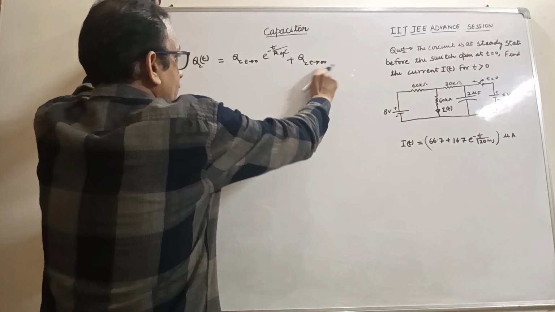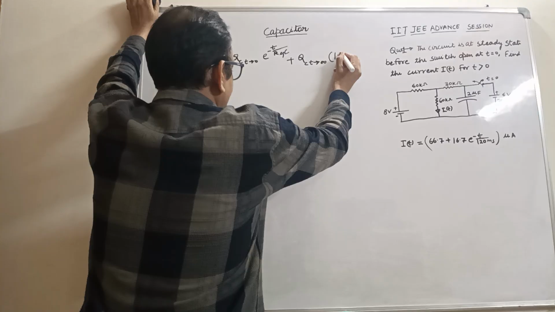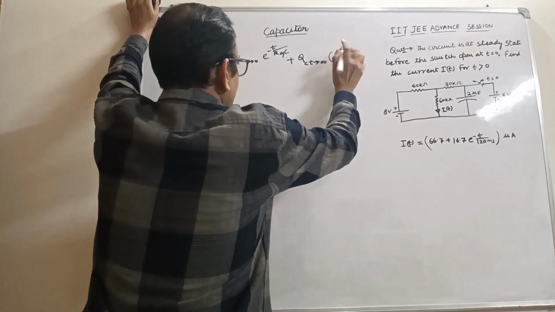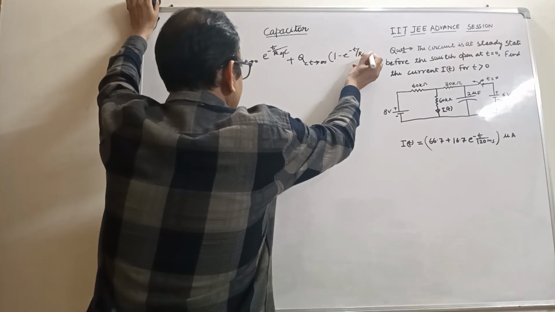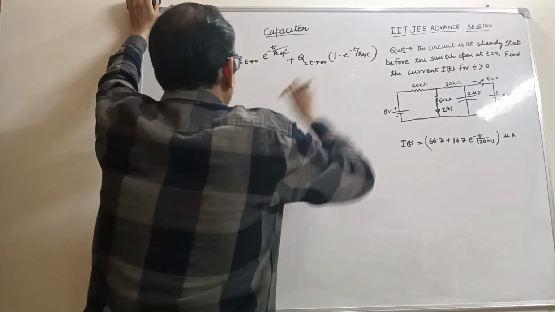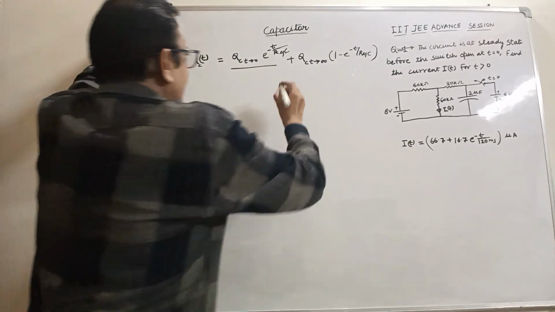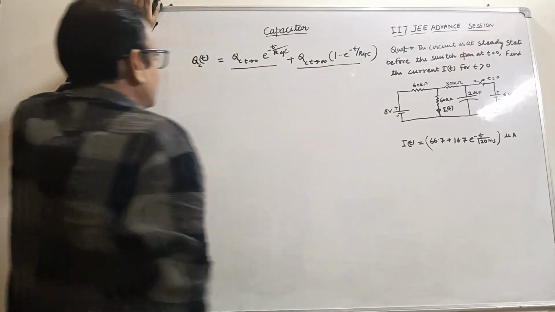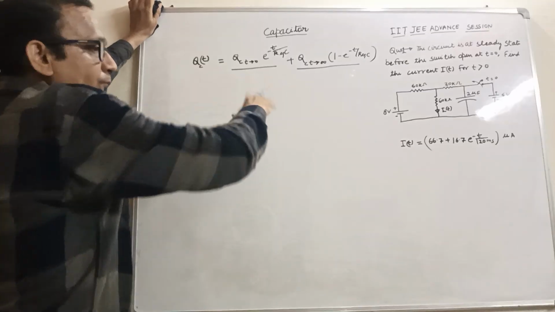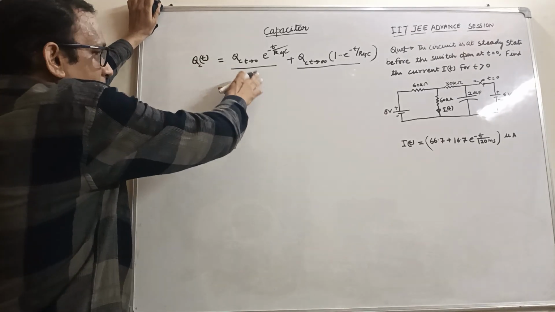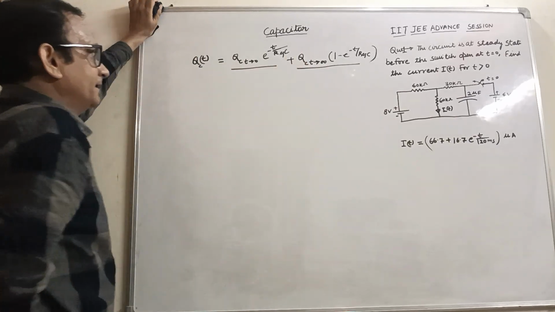So we can write 1 minus e raised to power minus t by R equivalent C. This is RC. In one mode discharging happens, in the other mode charging happens. So at time t we have to include both scenarios.